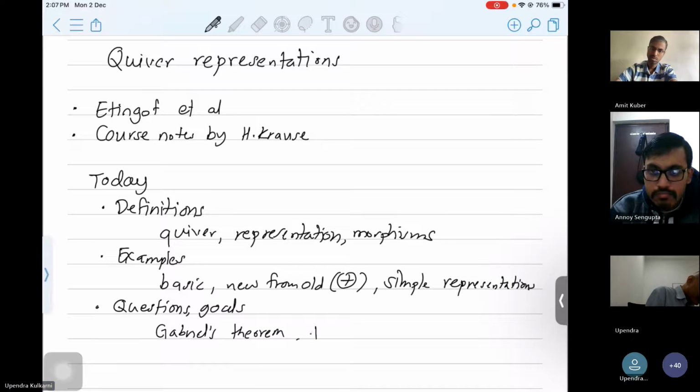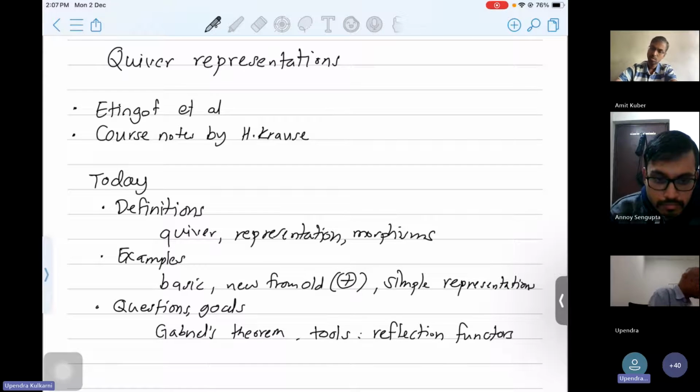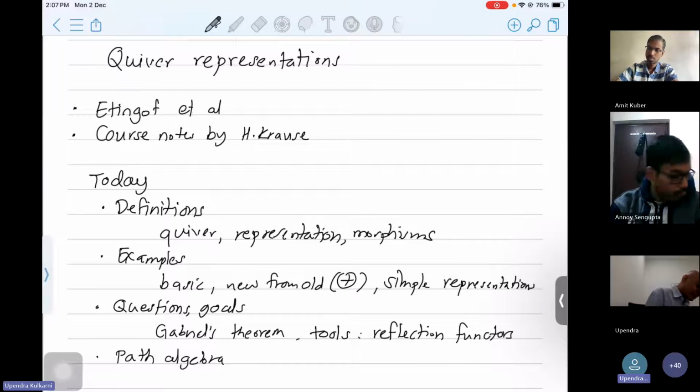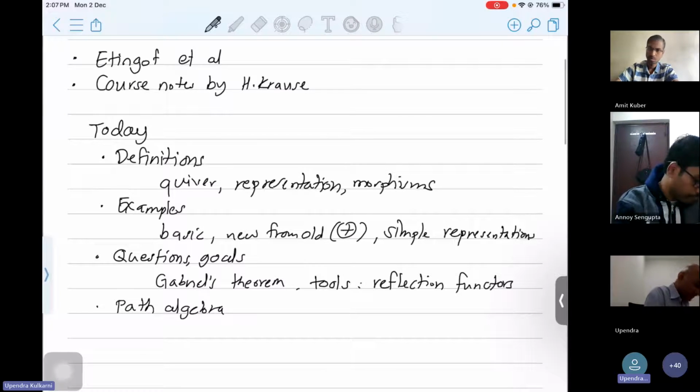And a major tool that we are going to use in order to do this is reflection functors. And a bunch of other things that will come along the way. And the last thing that I want to introduce is the path algebra of a quiver. And we'll see examples of everything along the way.